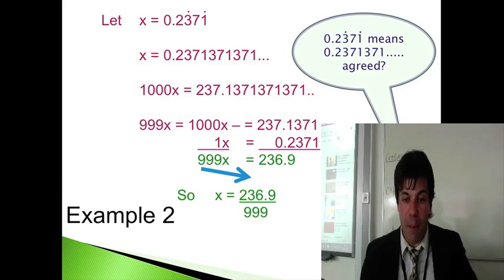We need to remember that a decimal number must not be written in fraction format. What's the best way of getting rid of that decimal place? We should move it 1 place to the right. In other words, multiply the decimal number by 10. To keep the fraction equivalent, we'll multiply the denominator by 10 as well.